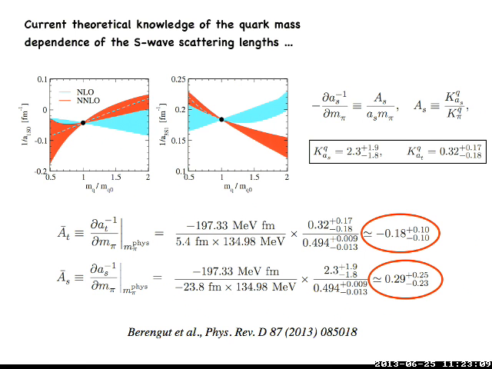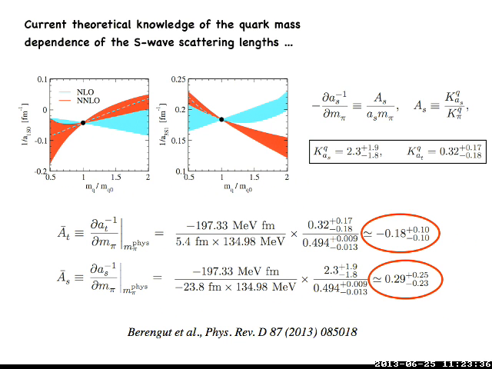This is actually the newest result. This assumes that the low energy constants are basically given by vector meson exchanges, and then you use the chiral EFT to model that.